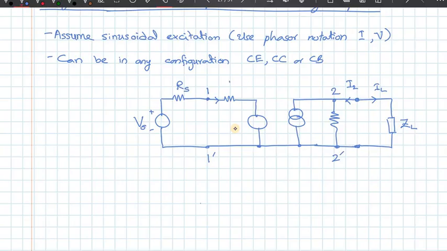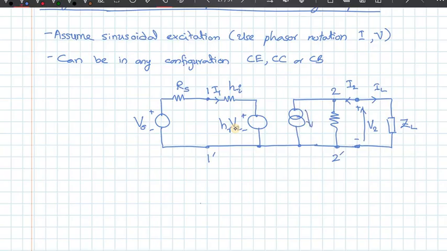Then I had hi. Mind that I am not using any second subscript, so this can be used for any configuration. Then hr times V2. I'm using phasor notation, so V2 is capital, and this is I1, the input current.